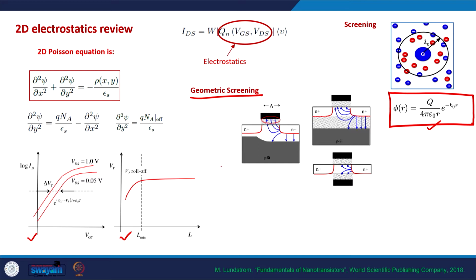In the geometric screening technique, what we essentially need to do is we need to neutralize, or we need to avoid the drain electric field lines reaching the source electric field lines.